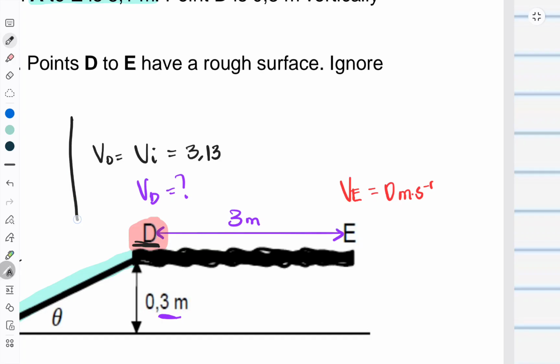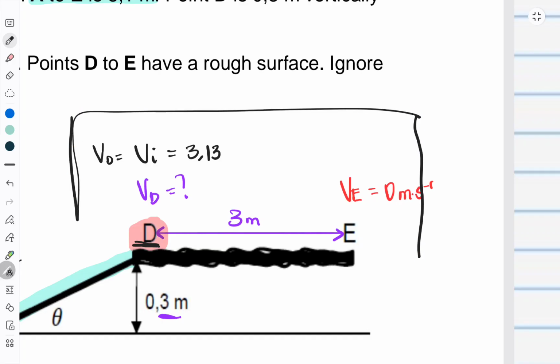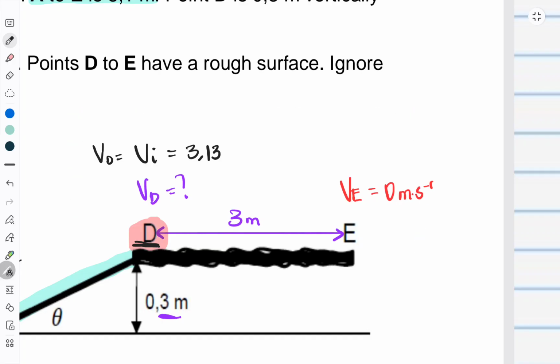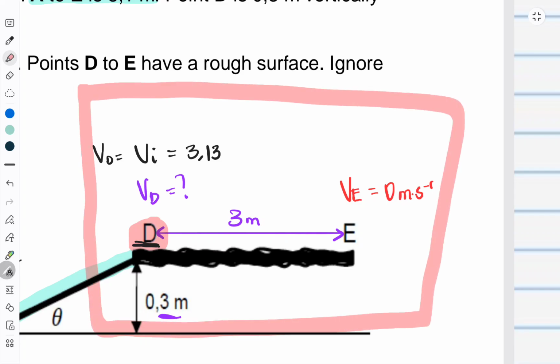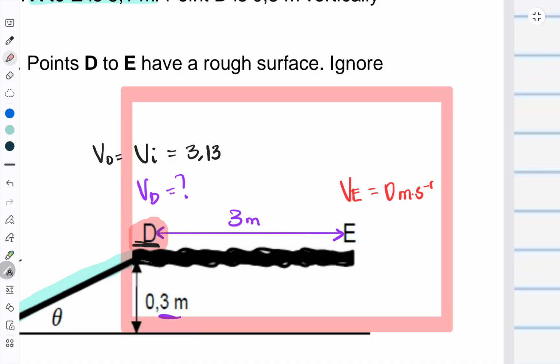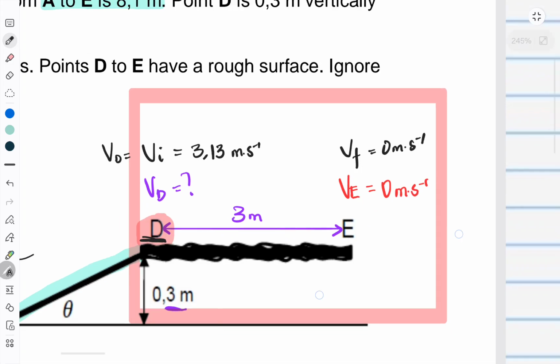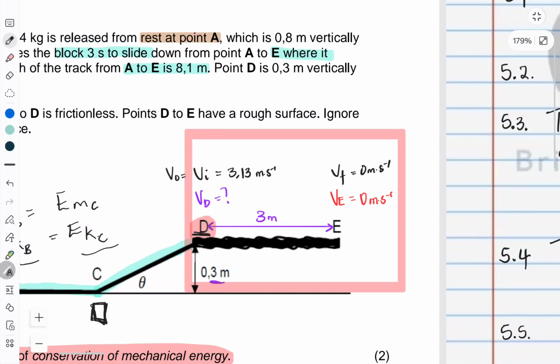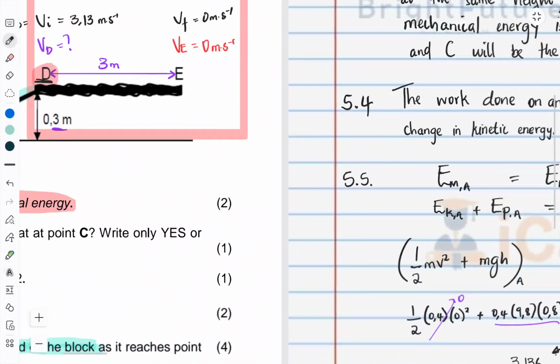So for the situation we are considering now, we are just looking at this part of the equation, this one. So now for that one, we have VI being 3.13 meters per second and VF, which is VE, being 0 meters per second, right? And then our displacement, which is 3 meters, okay?